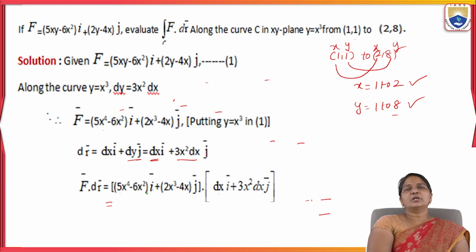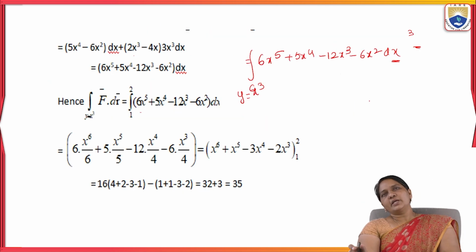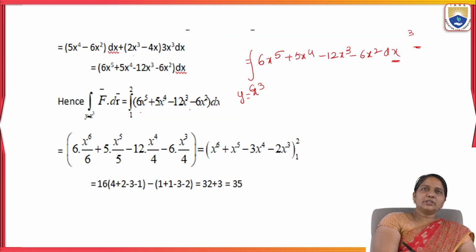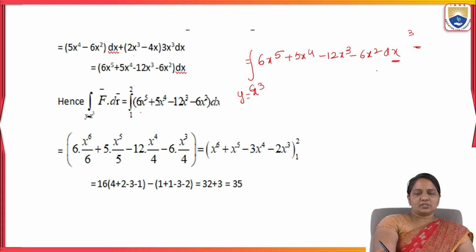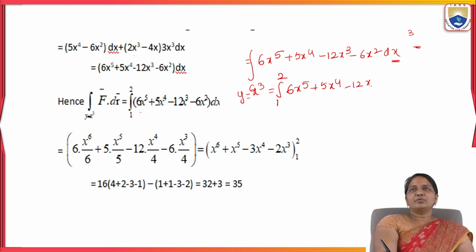Based on your calculation or conversion, you can use the x or y limits. Here I got all the terms in terms of x, that means I am using the x limits, 1 to 2. So integral from 1 to 2 of 6x power 5 plus 5x power 4 minus 12x cube minus 6x square dx.